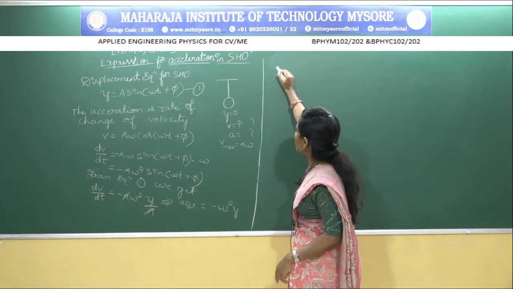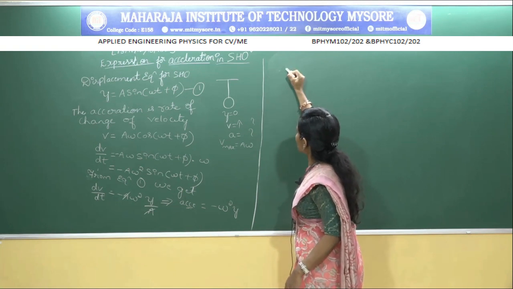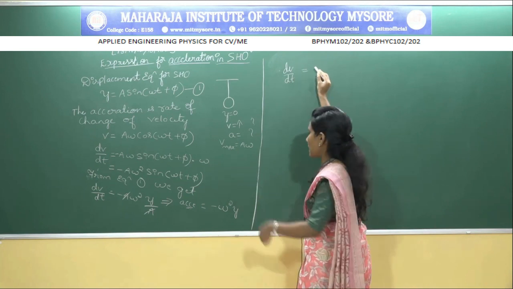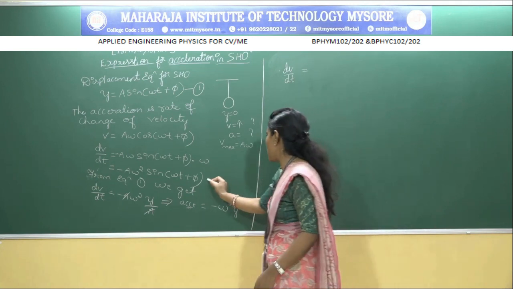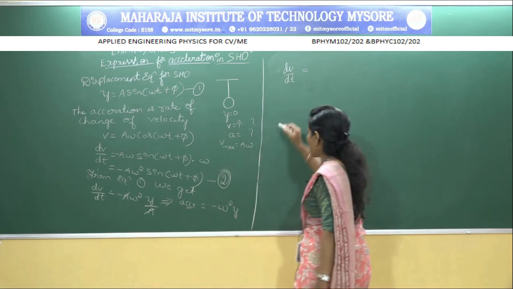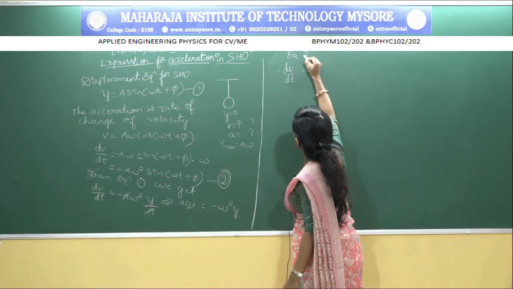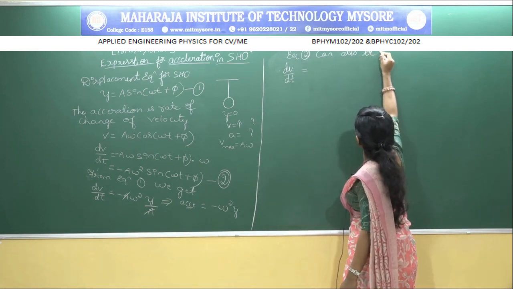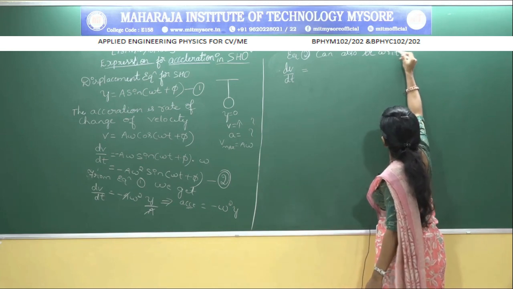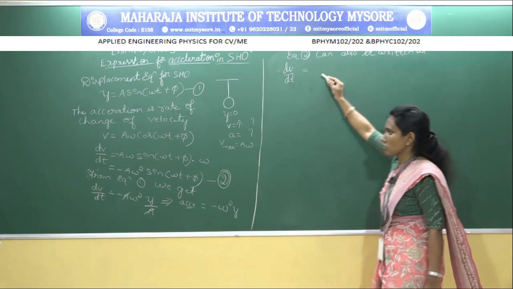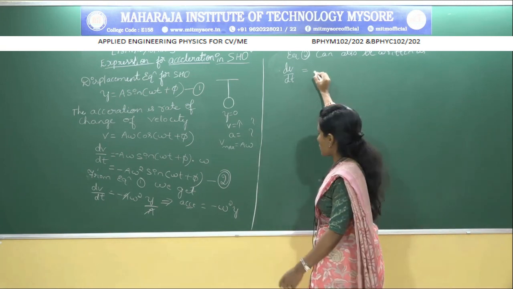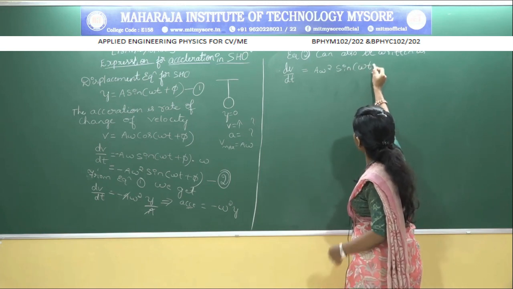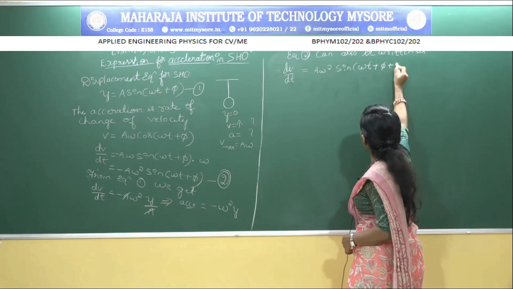Just name this as equation 2. Equation 2 can also be written as a omega square sine of omega t plus phi plus pi.